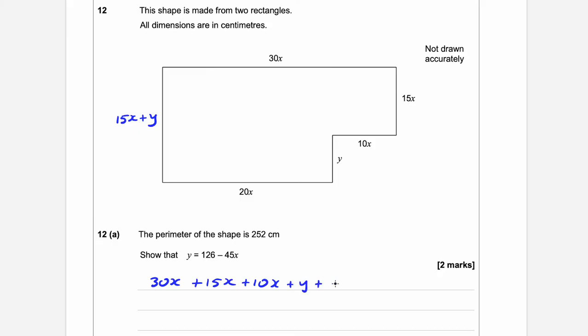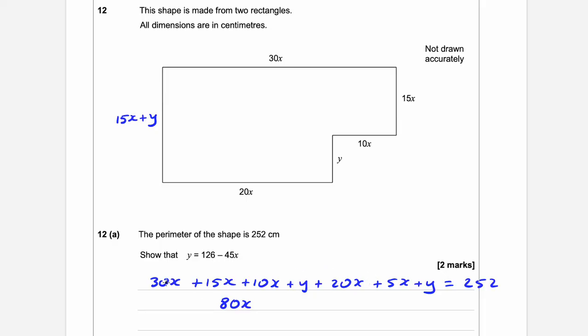Plus y plus 20x plus 5x plus y, that last bit, equals 252. Okay, simplify this. We have 30x, 45x, 55x, 75x, 80x. So this all becomes 80x, and then it's 2y, I believe, guys.